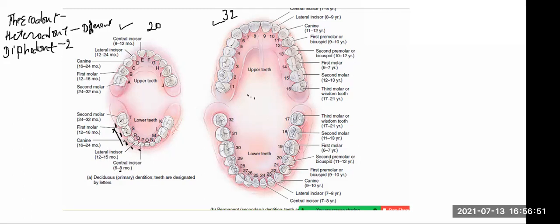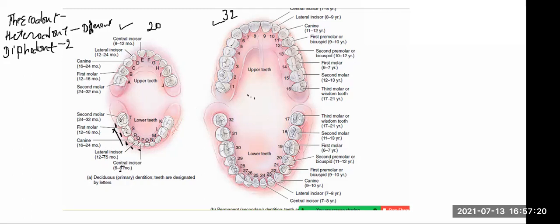Then when he is 12 to 15 months old, he gets the second incisor. You can see it's the central incisor and the lateral incisor based on its position. The incisor which is near the center of the jaw is your central incisor, and the one which is a little to the side is your lateral incisor.